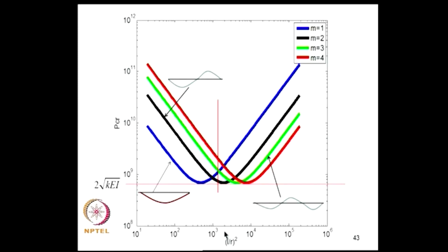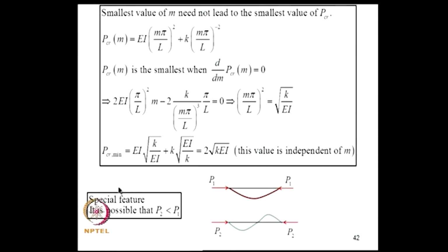So that is plotted here. If I plot P critical versus L by R whole square on a log scale, what we see is, for different values of m, 1, 2, 3, 4, all these curves do not fall below this value of 2 into square root k EI, that is this value that we derived.